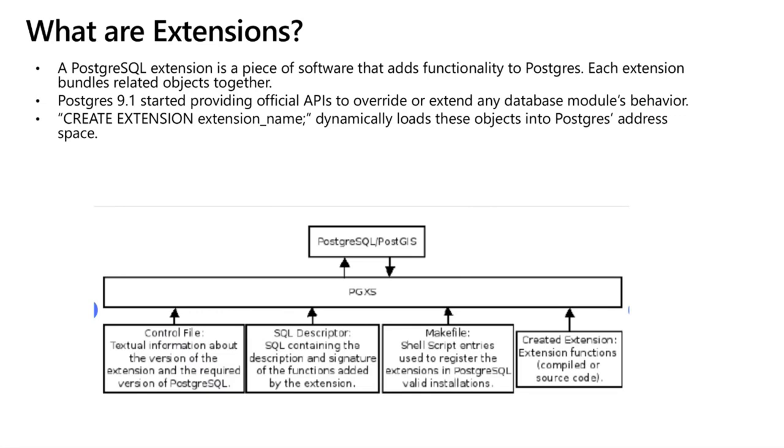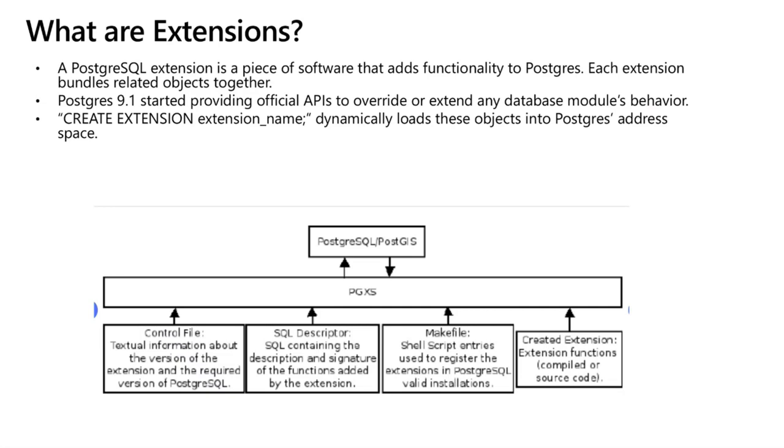When you use the syntax CREATE EXTENSION with the extension name, you essentially download an extension, install it, and plug it into the engine. It dynamically loads that extension into the Postgres address space, so they're running in process to Postgres.